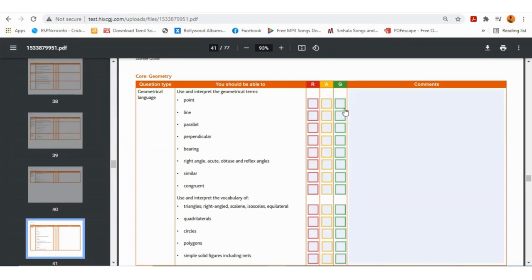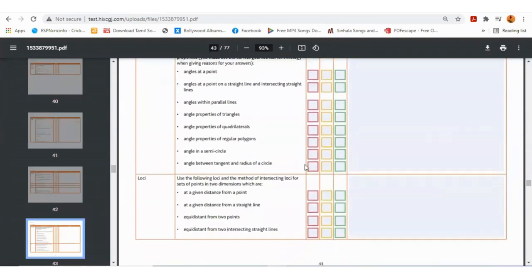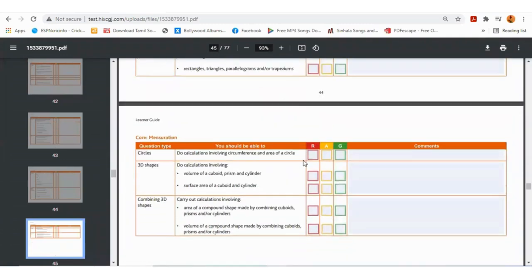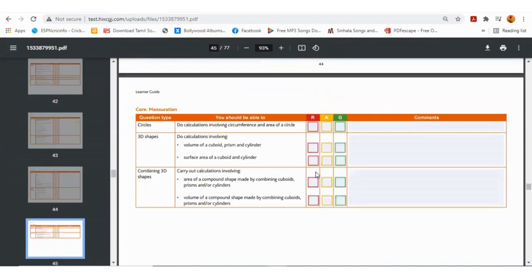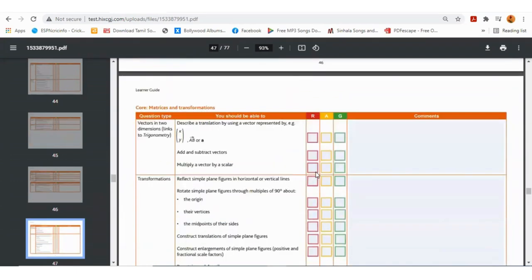So you can ask the student, or you yourself as a teacher close to the exam can give a question on each of these areas and see which is the area they're doing well, which is the area they're weak at, which is the area they're average. Then close to the exams, all the red ticks are the stuff that the student has to focus on and re-go through with you in a revision session, right?